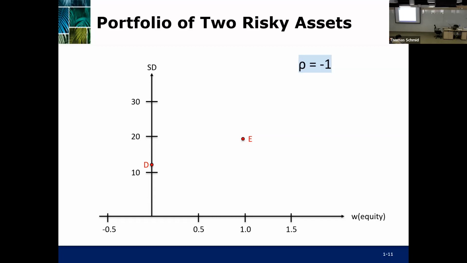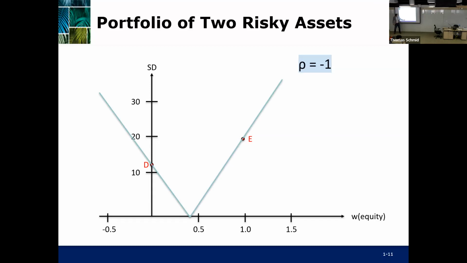So then it's quite logical to assume that the other points are also on these lines that connect E to this point and D to this point. So actually the risk is now a V shape. If we invest all in the debt fund, and then we add more equity, there is a linear decrease until a certain point.